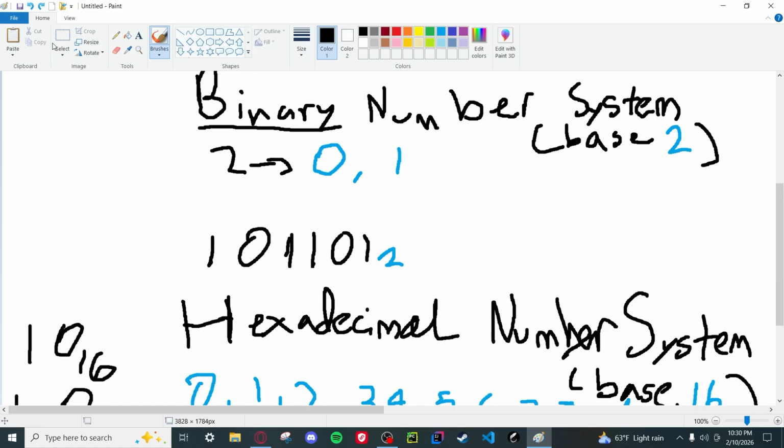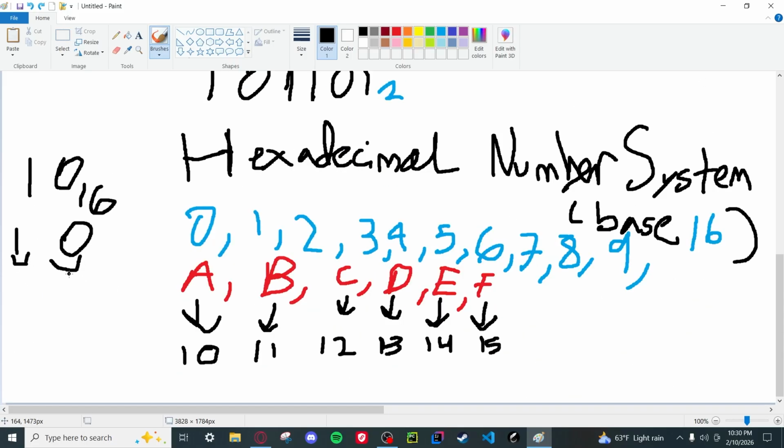How does the computer know that the user means the actual value 10, not 1, 0? The computer's not a genius, it can't interpret our thoughts. So we use singular letters like A and assign them a value of 10. So the compiler understands that when it sees A in base 16, that's 10.